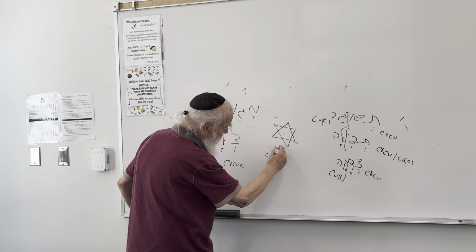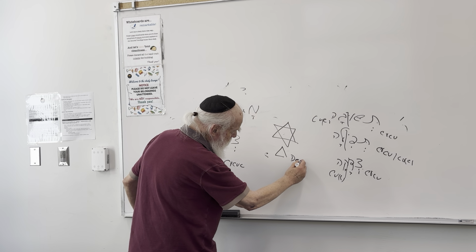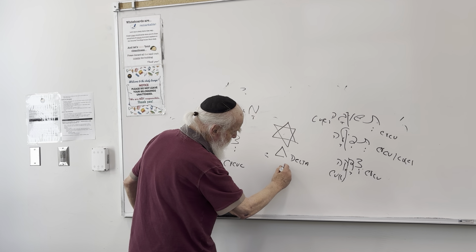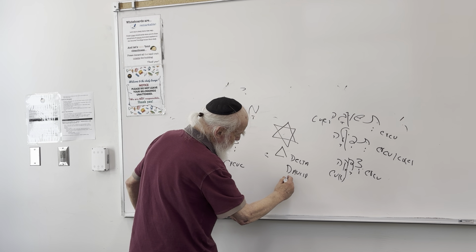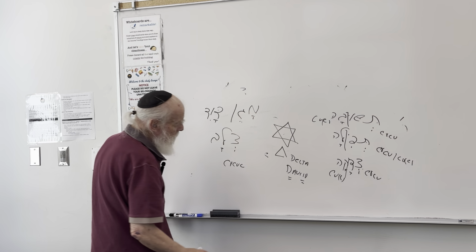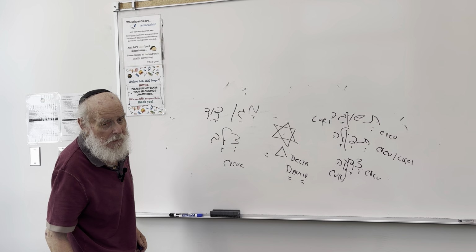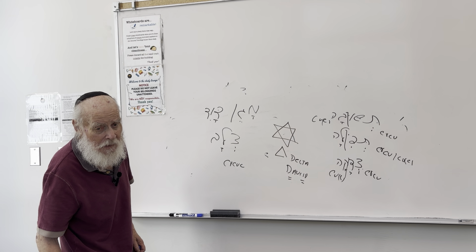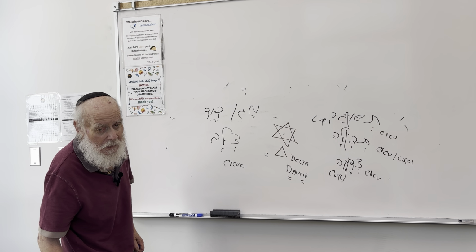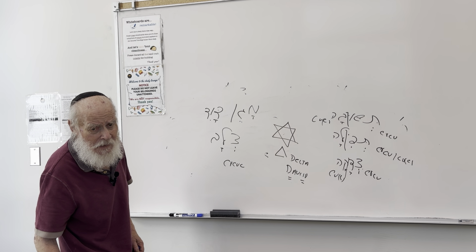The triangle is the Greek letter D, the delta. So David is the two D's. But delta in chemistry is usually used to indicate a change in temperature, to my understanding, in chemistry and physics.